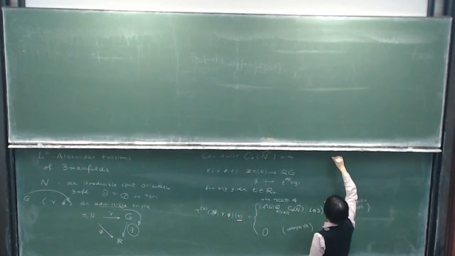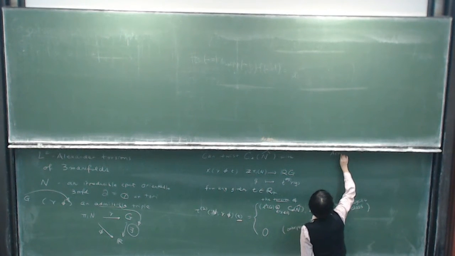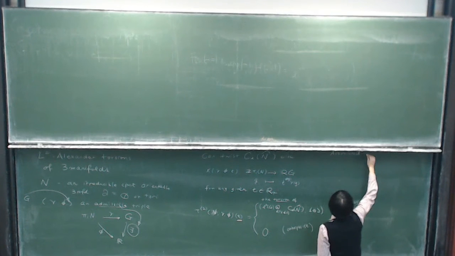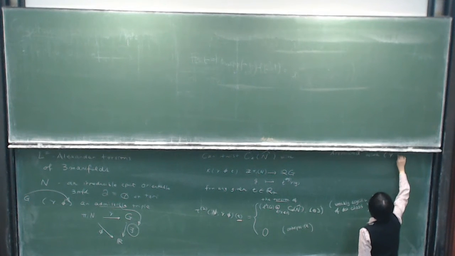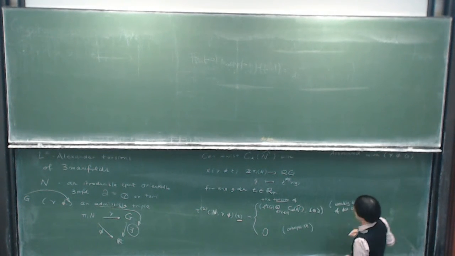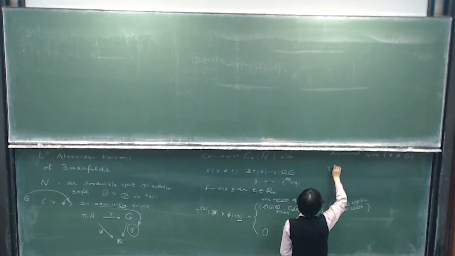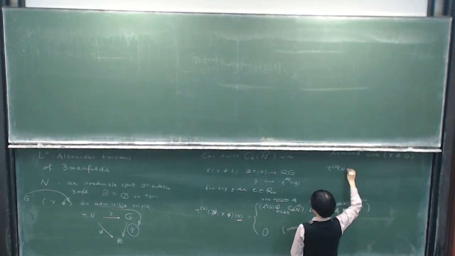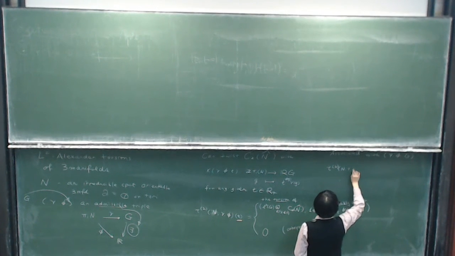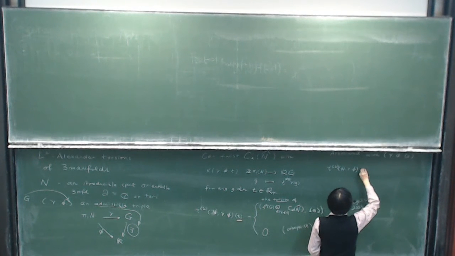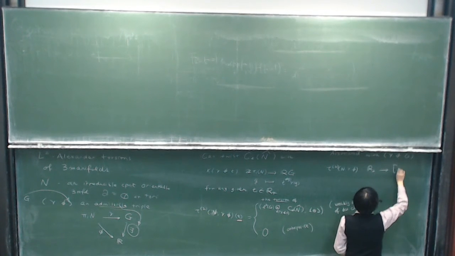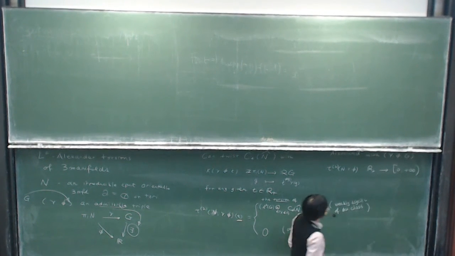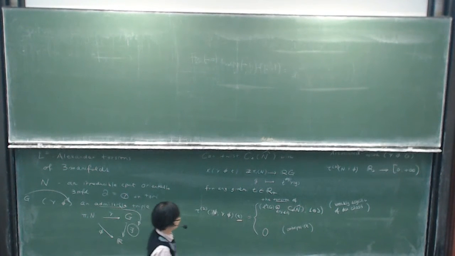So the upshot is basically that associated with this triple phi, gamma, G, what you get is a function that goes from the positive numbers to a priori either positive numbers or 0.